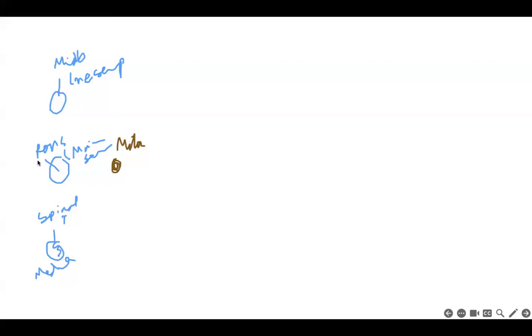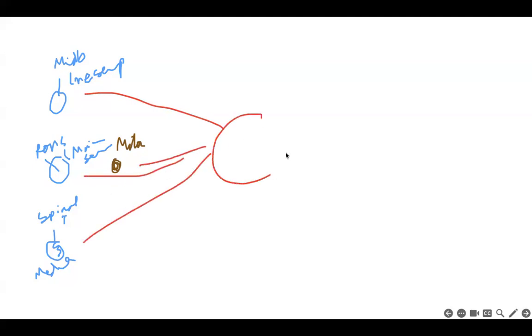All these nuclei give input to the trigeminal ganglia. This is the trigeminal ganglia in the middle fossa, which is near or lateral to the cavernous sinus, or it is named the Gasserian ganglia.